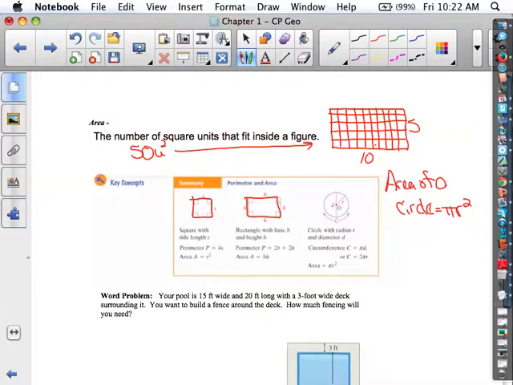So when you think about this, area looks for square units, right? And here we have the radius squared. So hopefully that'll help you associate area with pi r squared. Then you can look at circumference as just 2 pi r.